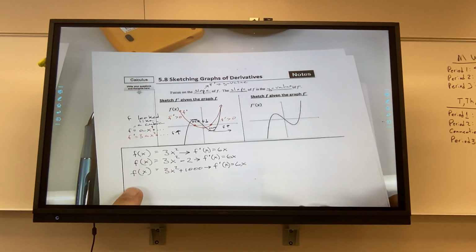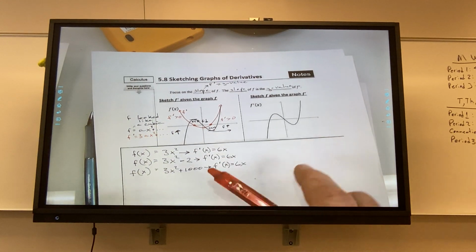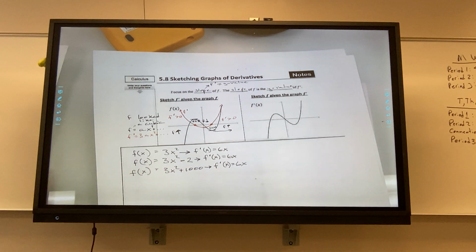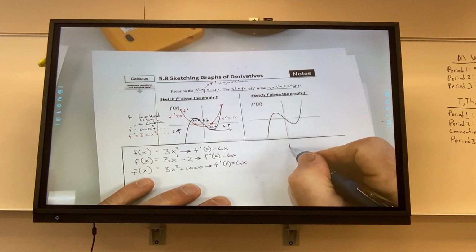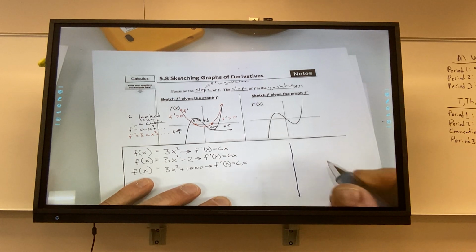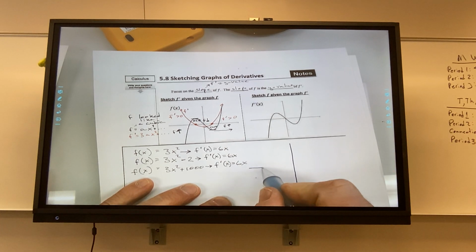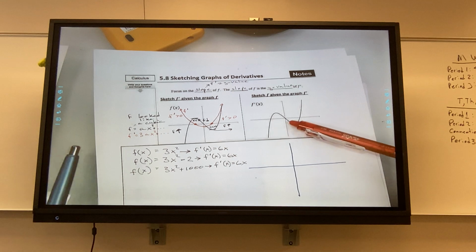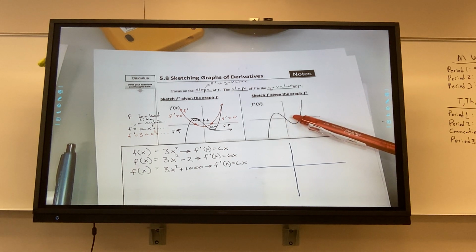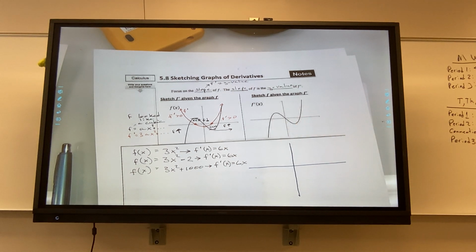Let's identify, and then I'm going to draw the picture down below here. So, I'm going to draw it like this. Here's my y-axis. Here's my x-axis. Now, Matthew brought up a good point. If this is a cubic, I know the degree is going to go up.